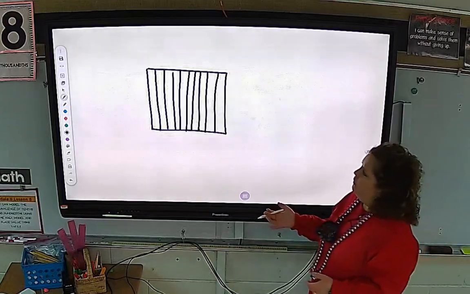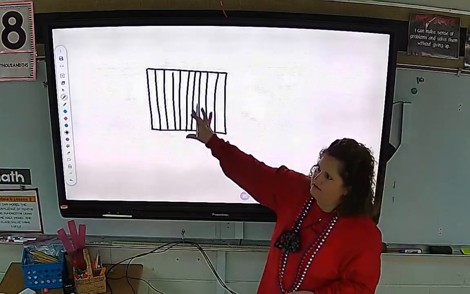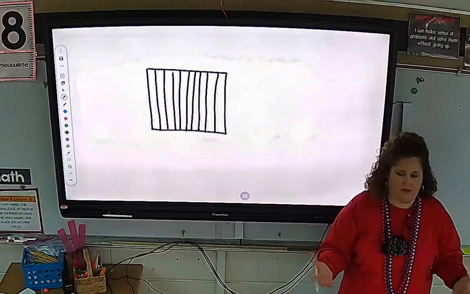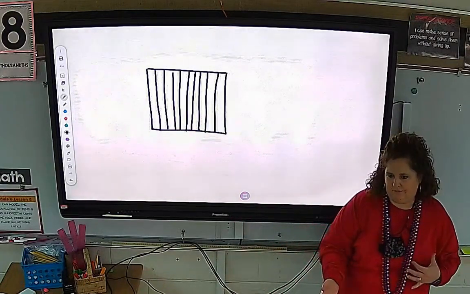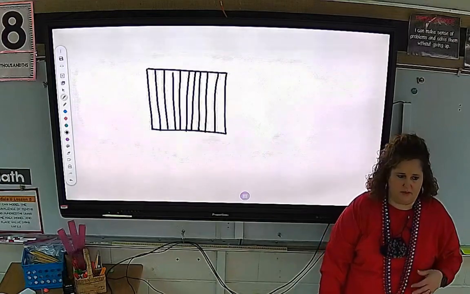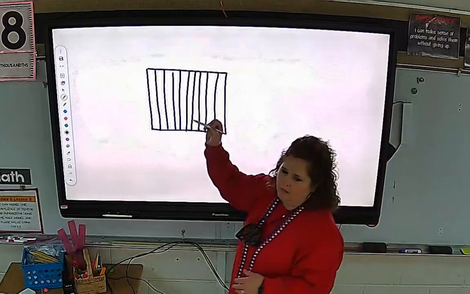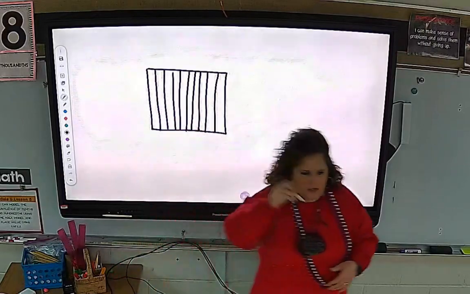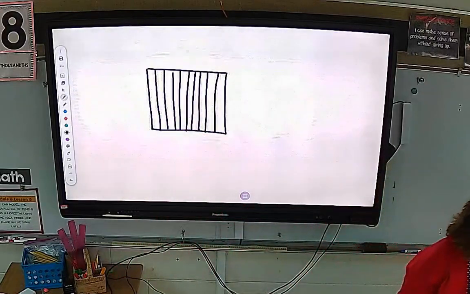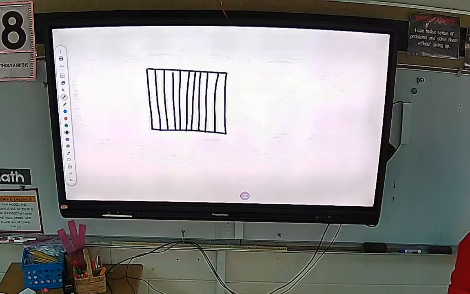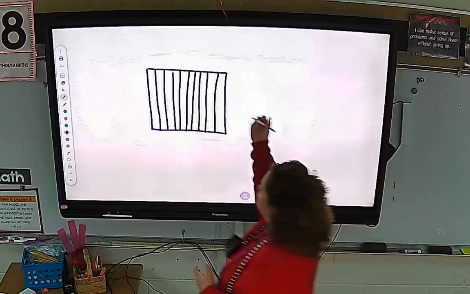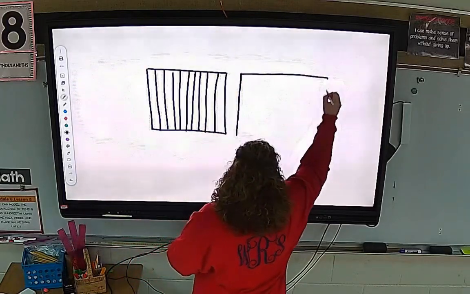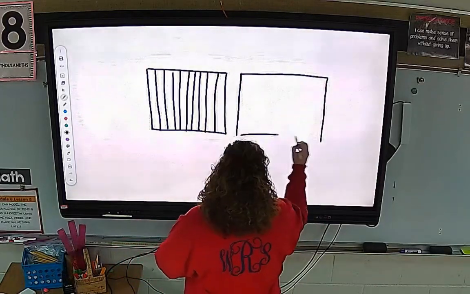Okay. What would I need to do to that to make it have 100 pieces instead of just 10? What would be the easiest thing to do? Now, I could microscopically draw 10 lines in between each of those, but what's another way to do it? Yeah. Horizontal lines, and this is something we're familiar with saying. Let me draw another one beside it. I'm trying to keep them about the same size.